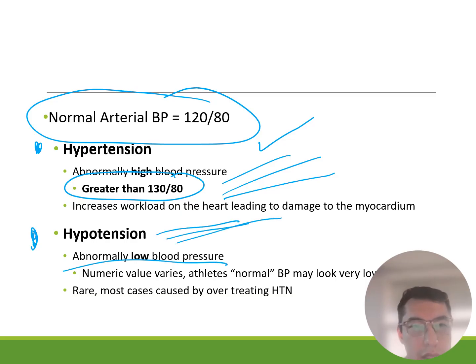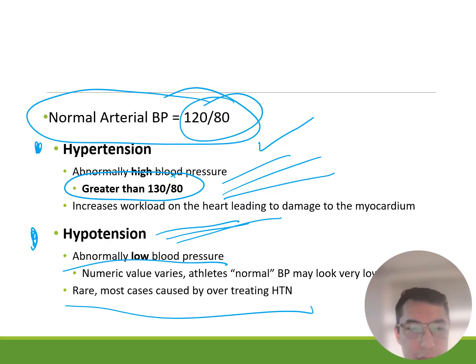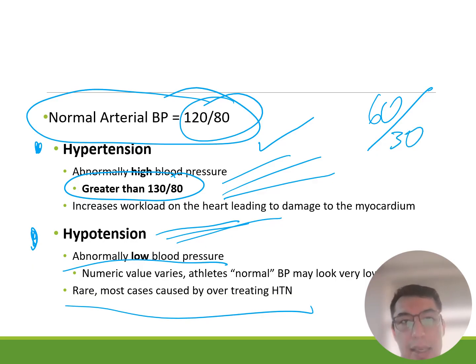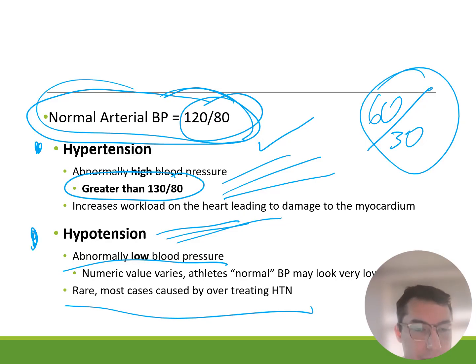I don't see the value here, but abnormally low blood pressure. So if you were to see 60 over 30, that would be incredibly low. Normal is 120 over 80, so this would be really low, and we call it hypotension.